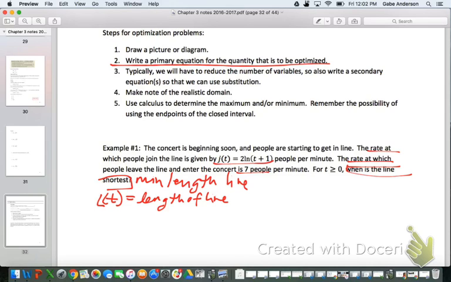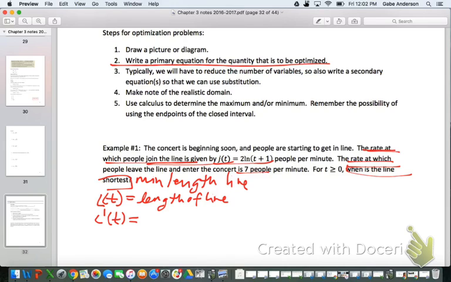So what Mandy was kind of getting at is we really don't have an equation for L of t, so we can't go through and differentiate in the classic sense, right? We don't have anything we do the power rule with or whatever. So what I'm going to do is write L prime of t. And the honest truth is, I really don't know what L prime of t is immediately. But if I go back and look carefully at what I underlined, I realize that I do have a rate of change at which people are joining the line.